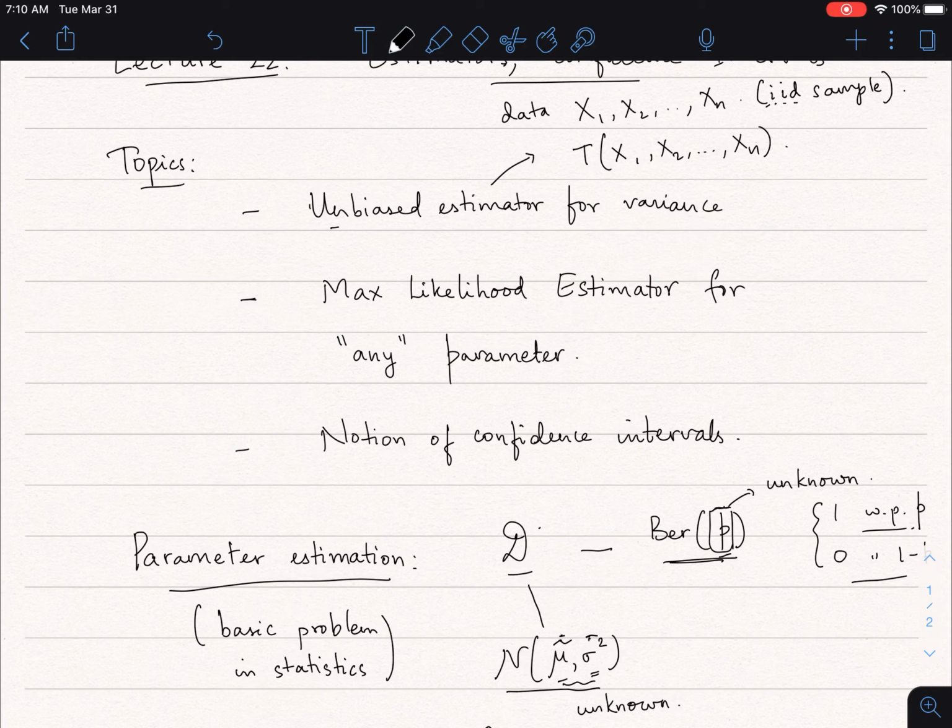An estimator is unbiased if the expected value of this estimator is equal to the parameter that we are trying to estimate.